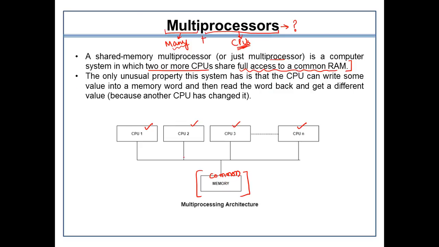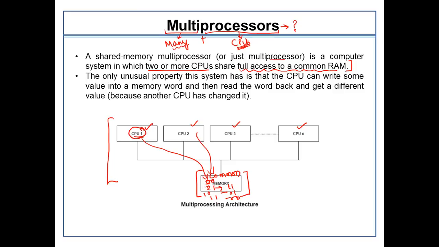Now, when we have the common memory for all the different processors, there are some chances that CPU 1 has updated some data here, and let's suppose it has written a random value in this particular memory. Maybe CPU 2 has then updated certain values like this.